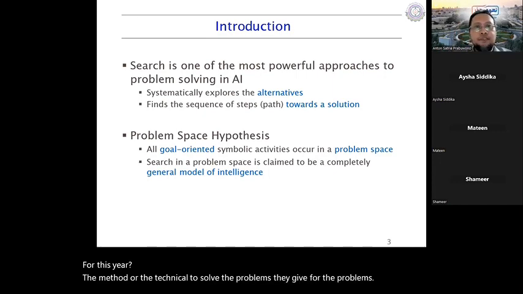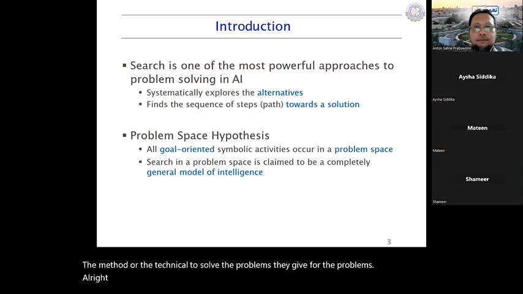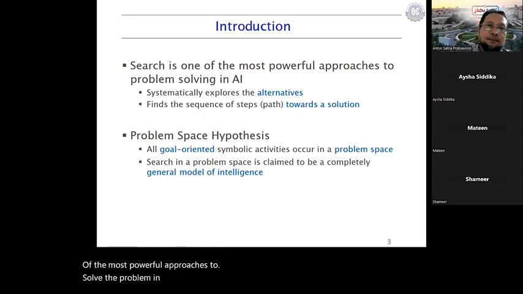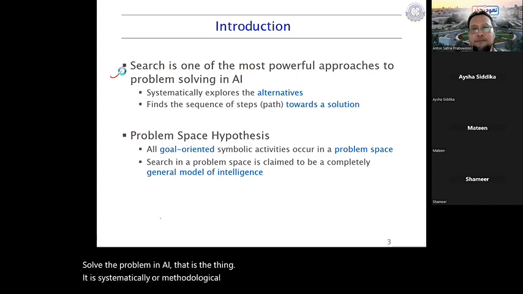All right, so search is one of the most powerful approaches to solve problems in AI. It systematically, or methodologically, explores the alternatives.